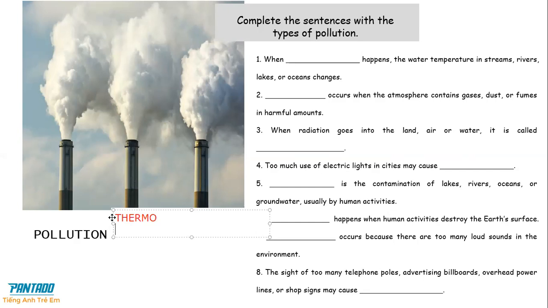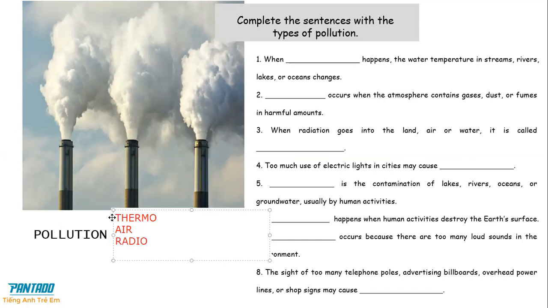Number 2. I will check it after. Air pollution occurs when the atmosphere contains gases, dust, or fumes in harmful amounts. Number 3. When radiation goes into the land, air, or water, it's called radioactive pollution. 4.